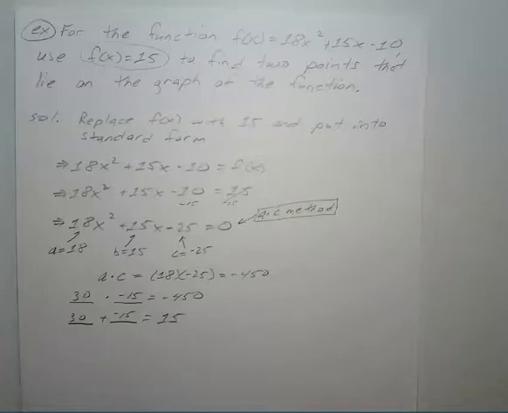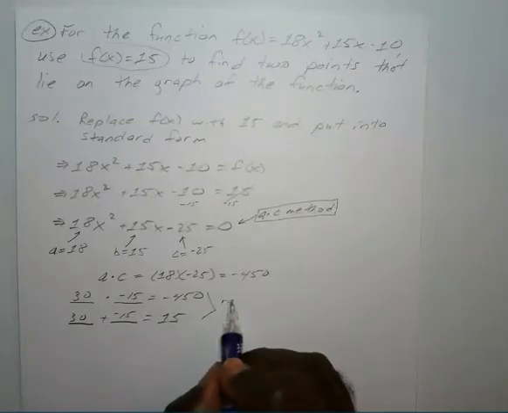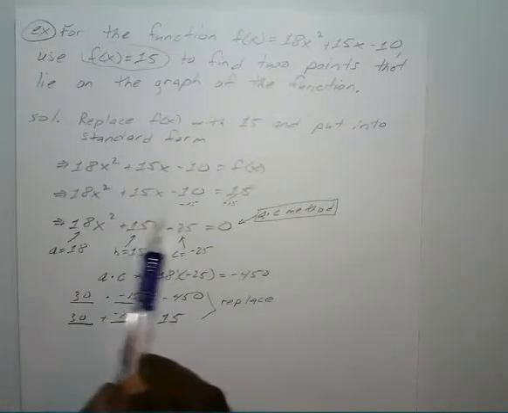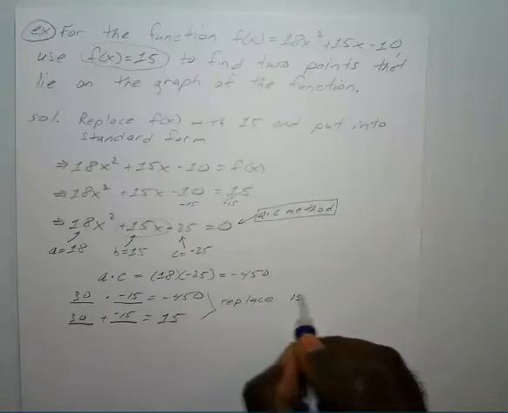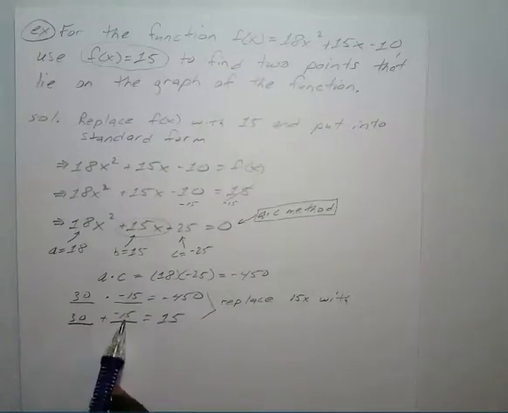Remember the A times C method: we're going to replace the middle term, 15x, with 30x minus 15x.